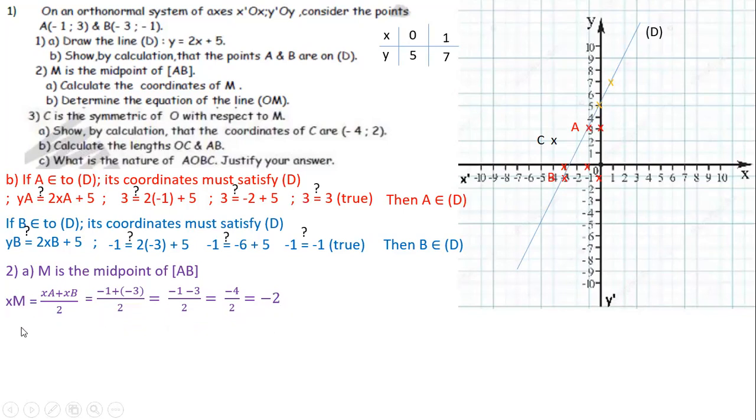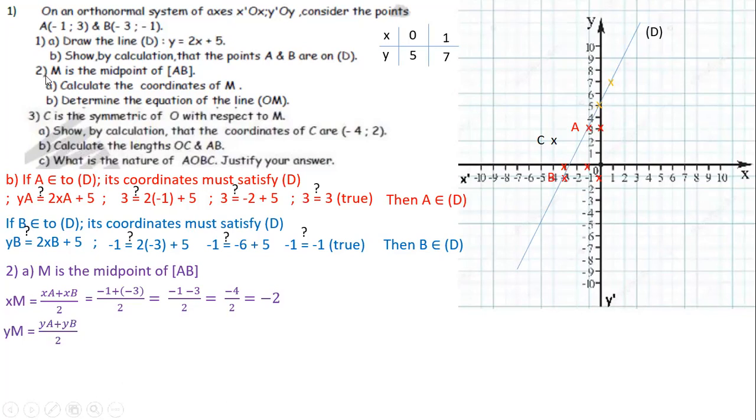Now Fadl, it also has an ordinate. What is YM? YM equals YA plus YB over 2. Okay, so this is YM, YA plus YB over 2.